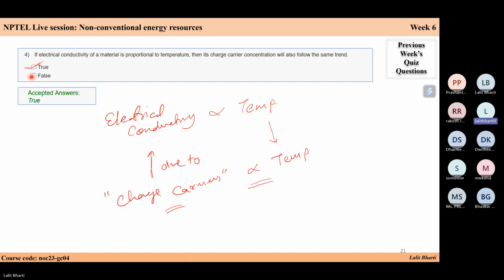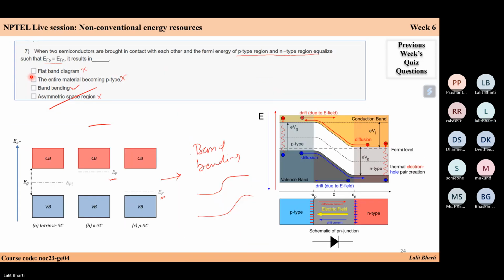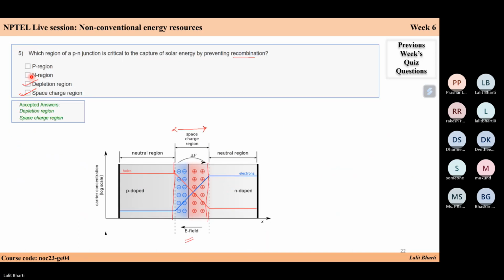Then we have the fifth question. It says which region of the PN junction is critical to the capture of solar energy by preventing recombination.